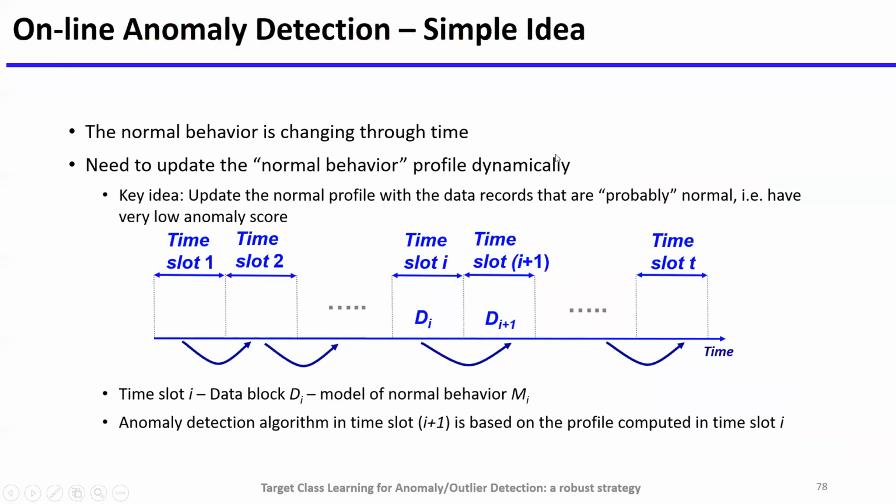anomaly detection. So here we can say that it is a little challenging because the normal behavior is changing throughout the time. So we need to update the normal behavior profile dynamically. So every time, maybe we need to update our reference window, which is containing the information of the normal profile.